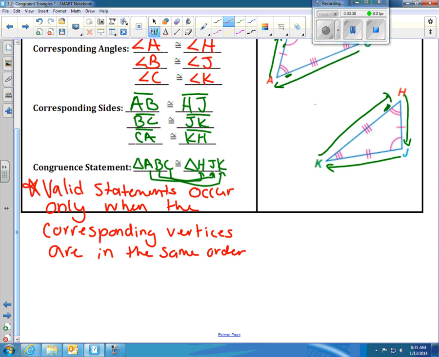So the valid statement here only works when A matches with H, and B matches with J, and C matches with K. So you always need to make sure you're matching the correct ones together.